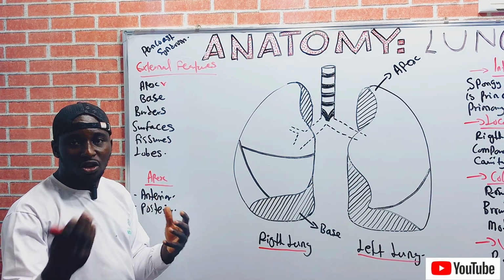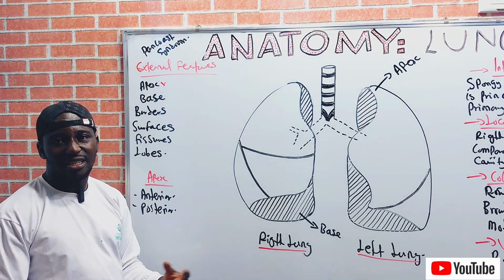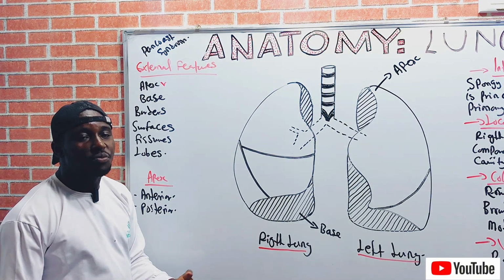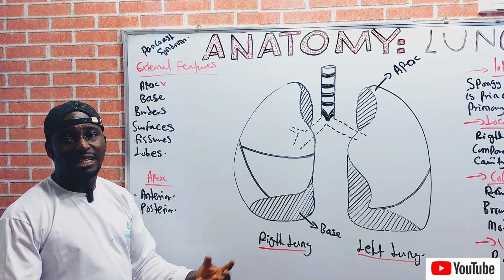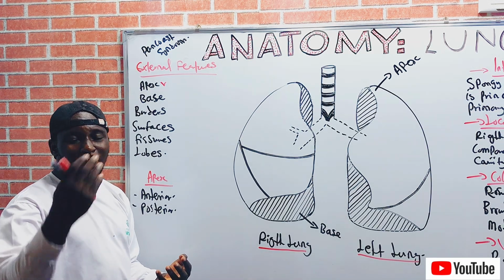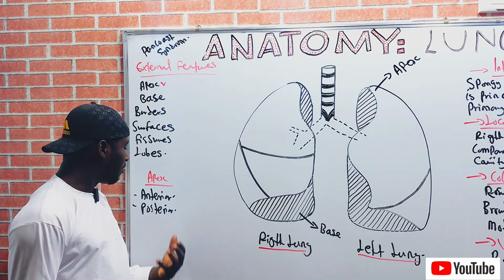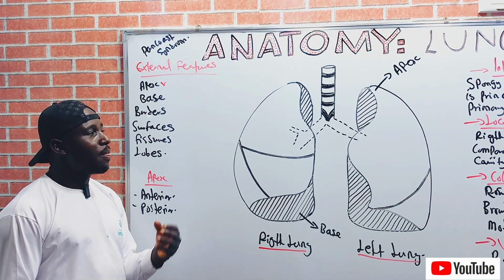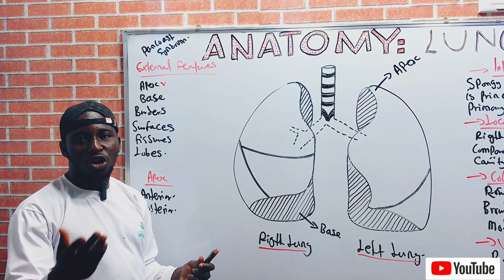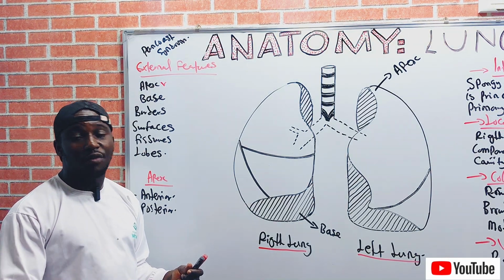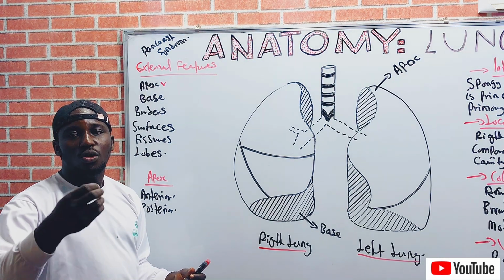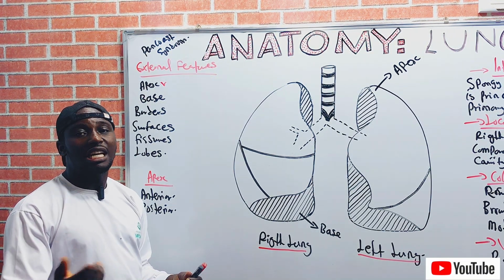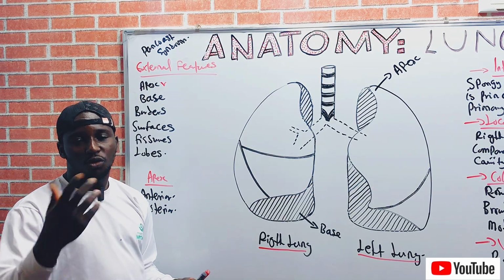What other pathology will be implicated? We have the Horner syndrome. Why is Horner syndrome implicated? Because there is an involvement of the sympathetic chain, which is one of those structures that form the posterior relation of the lung apex. Another thing is that there will be pain along the medial side of the forearm and the hand, and also damage of the small muscles around the hand, because there's an involvement of the ventral rami of the first thoracic spinal nerve.